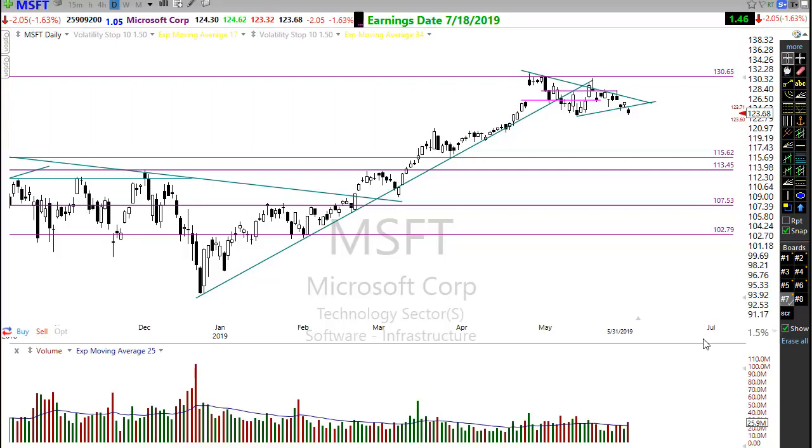Take a look at Uber. What did Uber say? They only lost $1 billion or something like that for their earnings report. Okay? But it was in line with the loss that they expected, so the stock rallied. Stupid. They lost $1 billion.